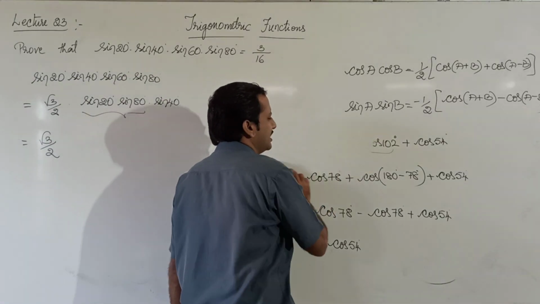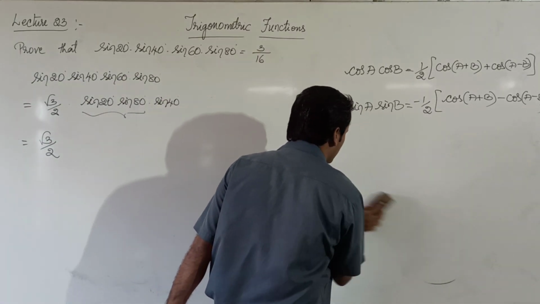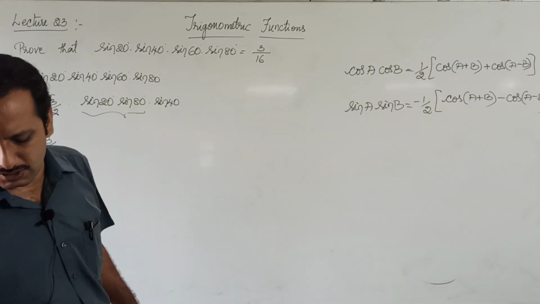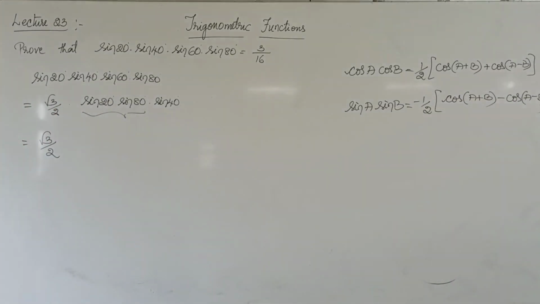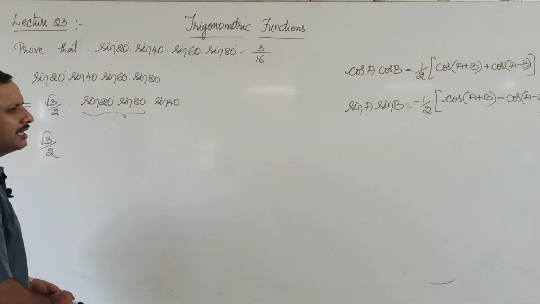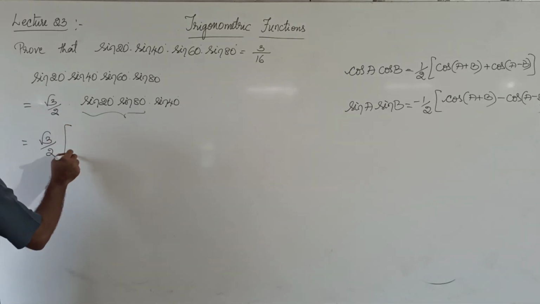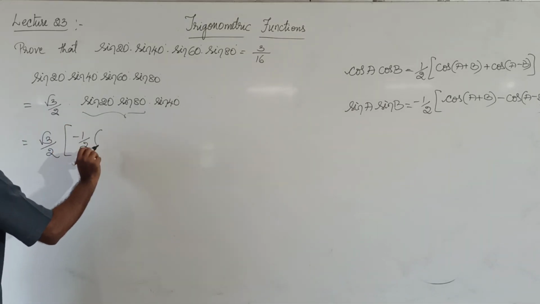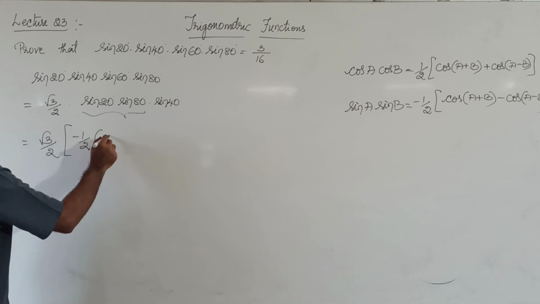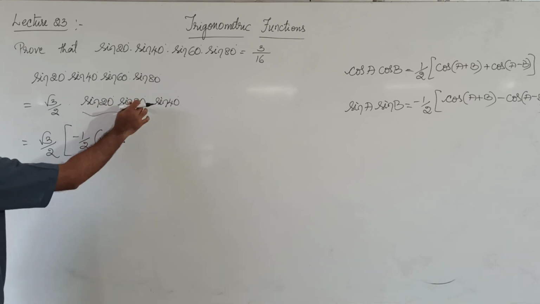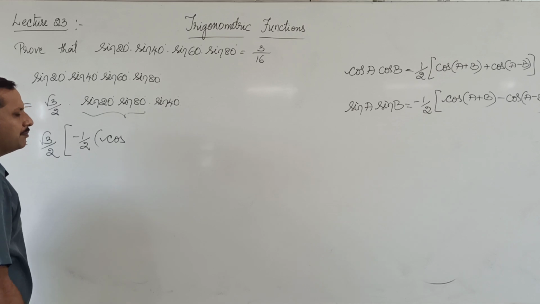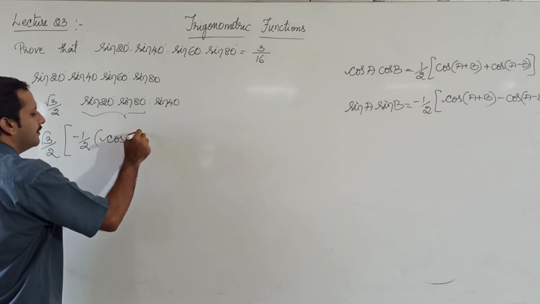Sin A sin B is equal to minus 1 by 2 into (cos(A plus B) minus cos(A minus B)). Here A plus B is 20 plus 80, which is 100.